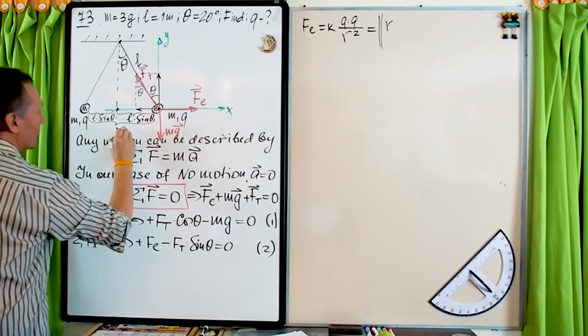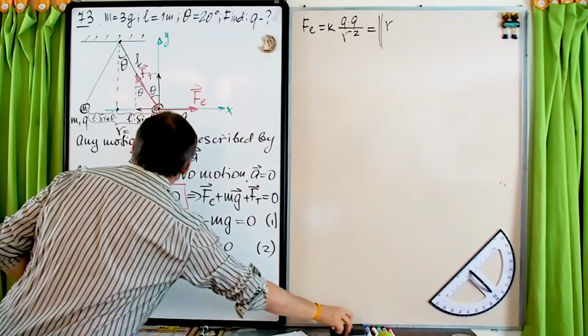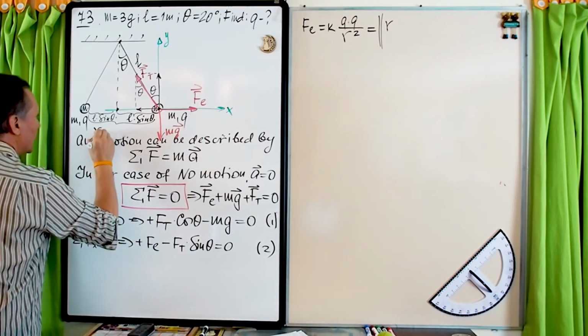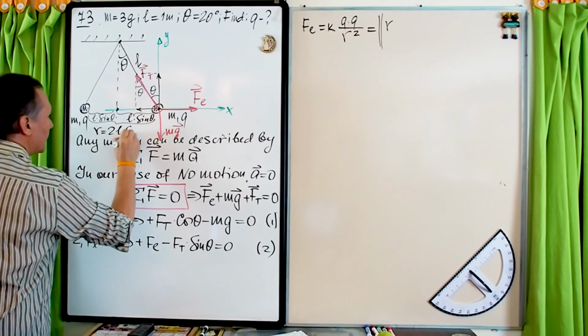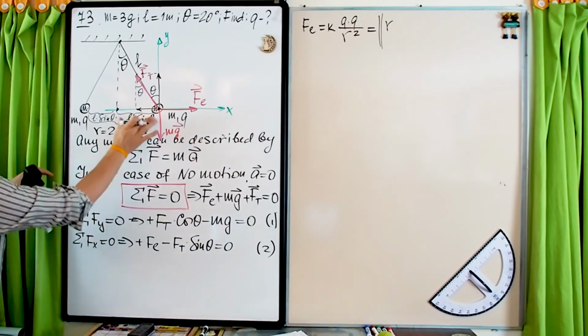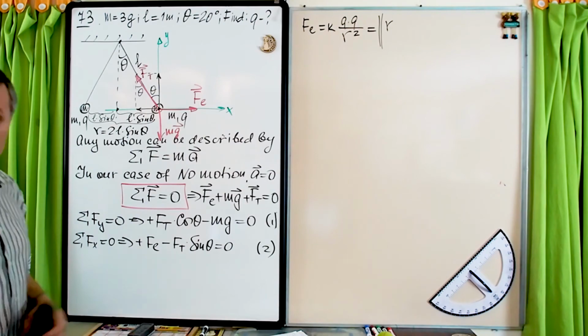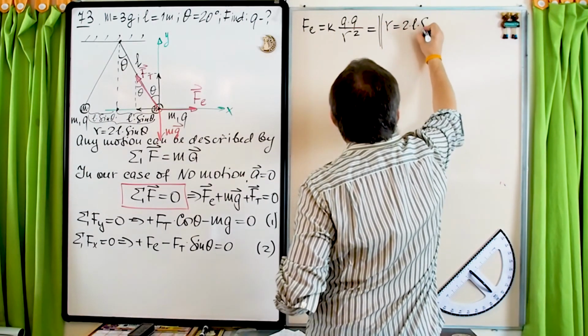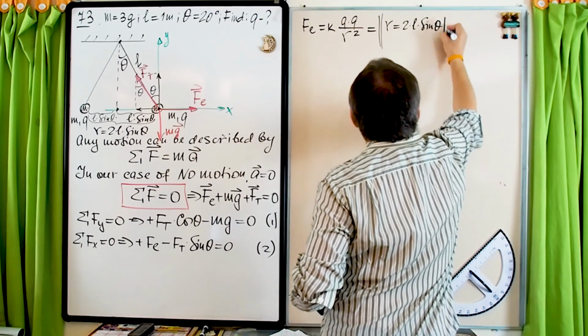So R will be equal, okay, let me move it slightly to the left. R equals 2L sine theta, because L sine theta plus L sine theta, it's symmetry. So it will be 2L sine theta, right?